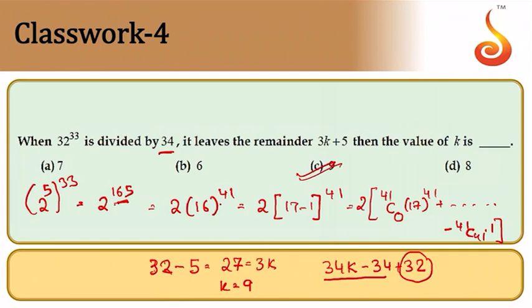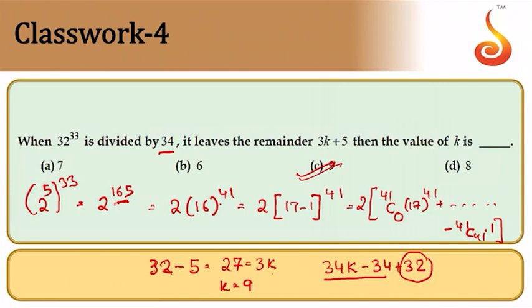So you wrote 2 to the power 5. The hint behind this is that you have to bring it into a multiple of 34. So this can be written as (2 to the power 5) to the power 33, which is 2 to the power 165, which is 2 into 16 to the power 41, that is 2 into (17 minus 1) whole to the power 41. So keep on writing the binomial series. Every term will contain 34 except the last one, so this will be in the form of 34k. Minus 2 will be left over, which can be written as minus 34 plus 32.